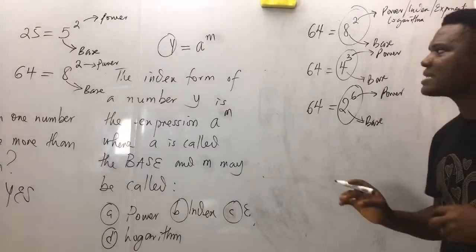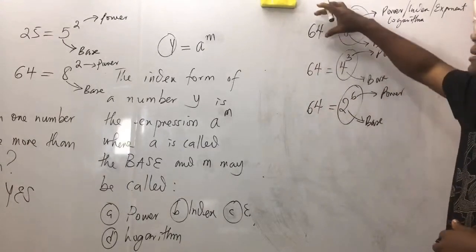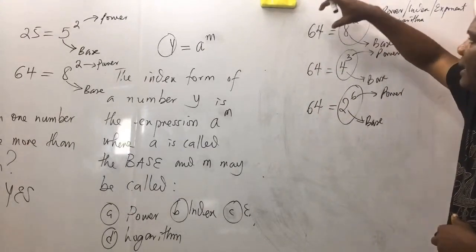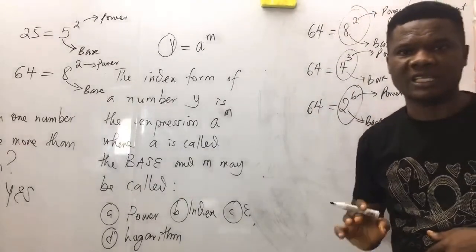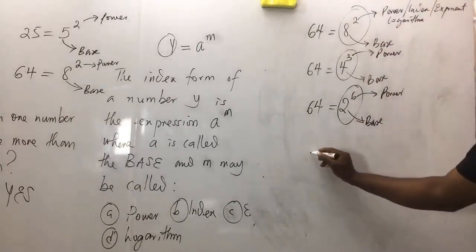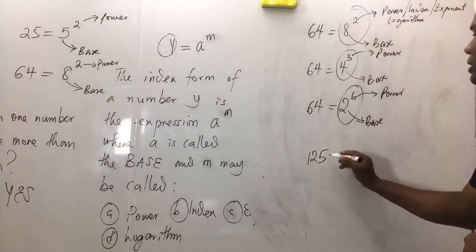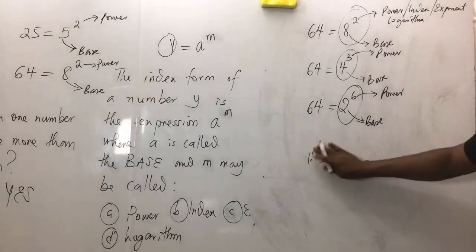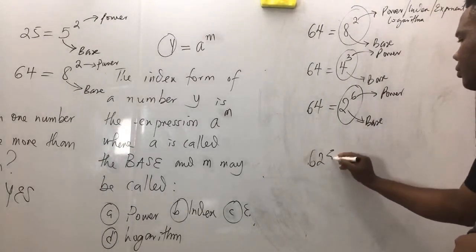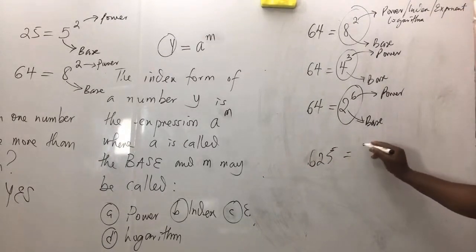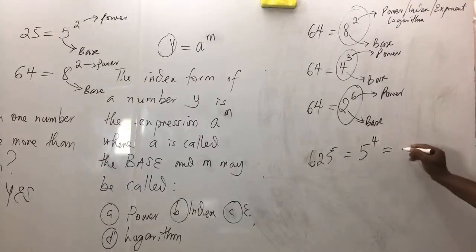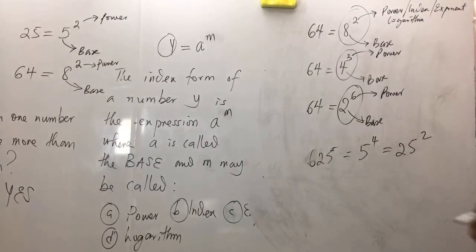So, this answers the question that one number can have more than one index form. Now, you could look at more examples, like 625, which could be expressed as 5 raised to the power 4, which could also be expressed as 25 raised to the power 2.